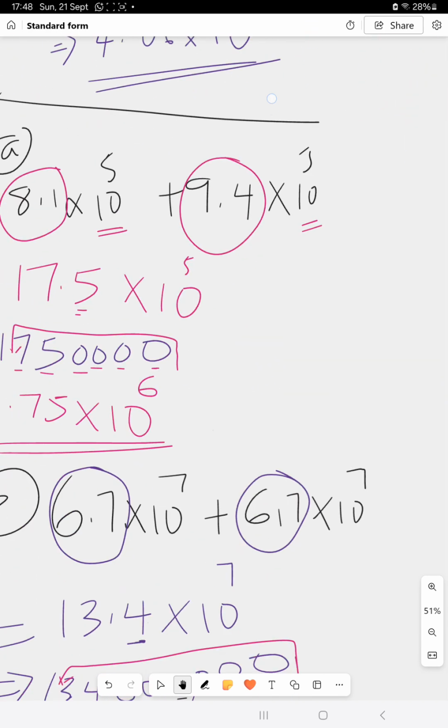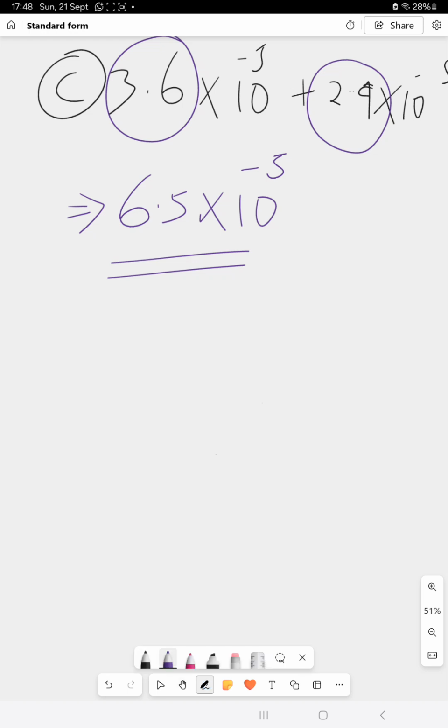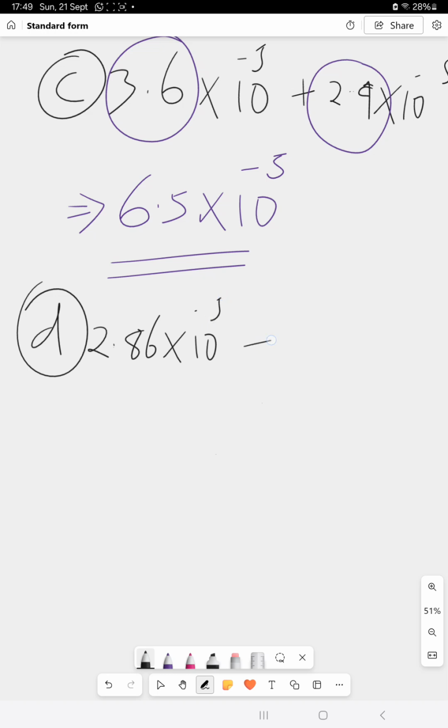Yes, 2.86 again, D: 2.86 times 10 negative 5 plus 8.6 times 10 negative 5.